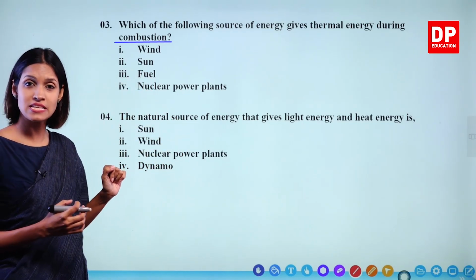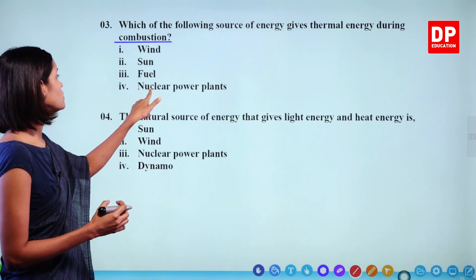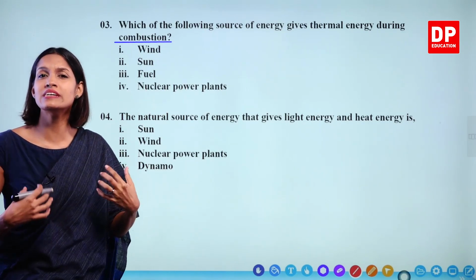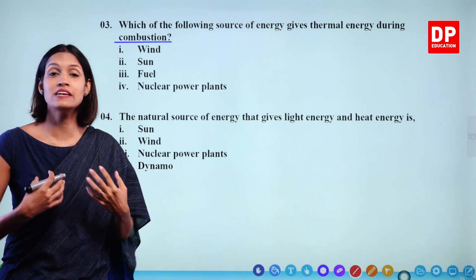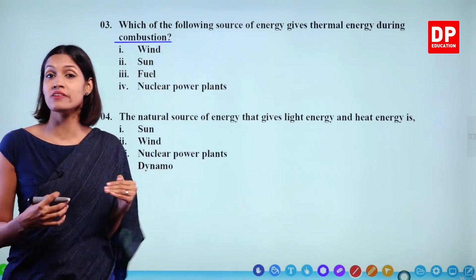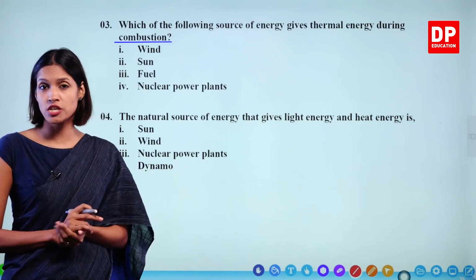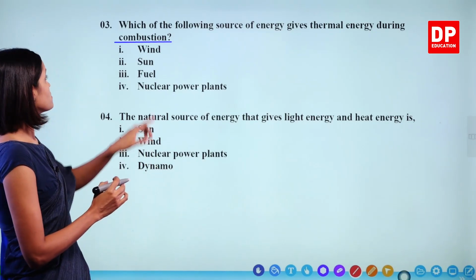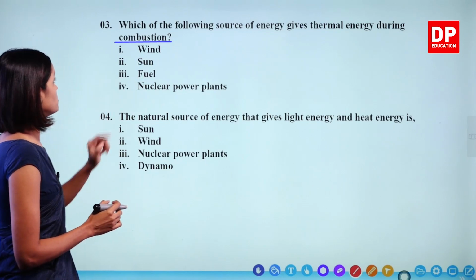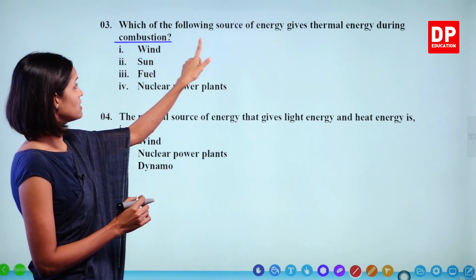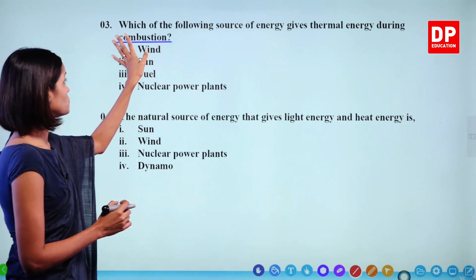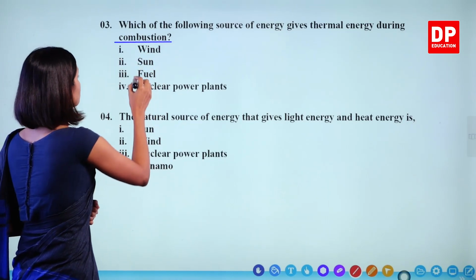So fuel is the answer. Fourth one, nuclear power plants. Nuclear reactions take place. Thermal energy is generated by nuclear reactions, not by combustion. Okay, children? So, the answer is fuel. Which of the following sources of energy gives thermal energy during combustion? Fuel.